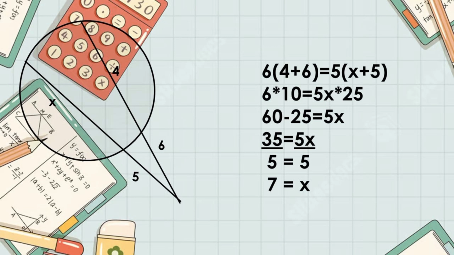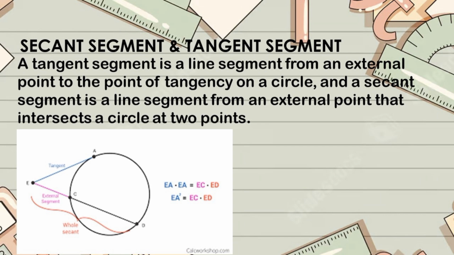Let's find out the other one that is connected to the secant. Secant segment and tangent segment. A tangent segment is a line segment from an external point to the point of tangency on a circle, and a secant segment is a line segment from an external point that intersects a circle at two points.